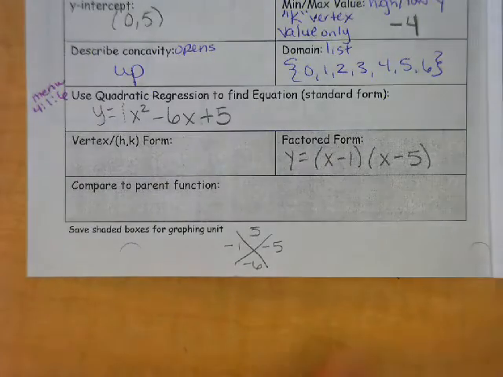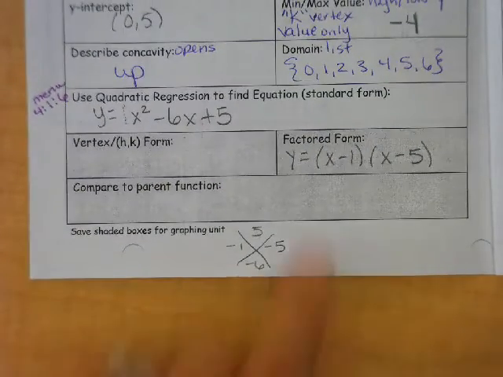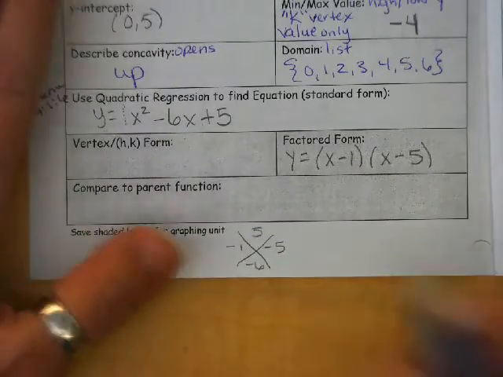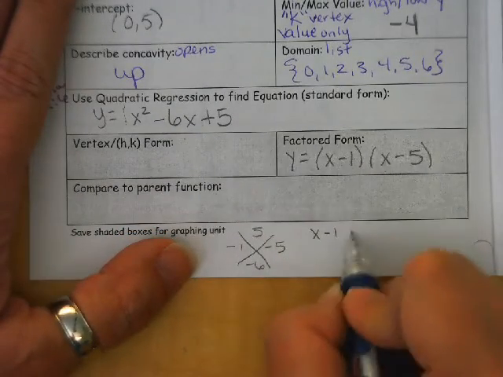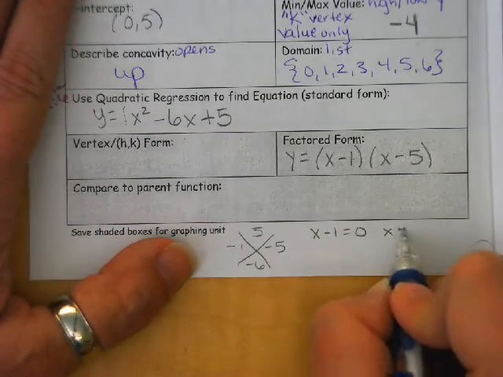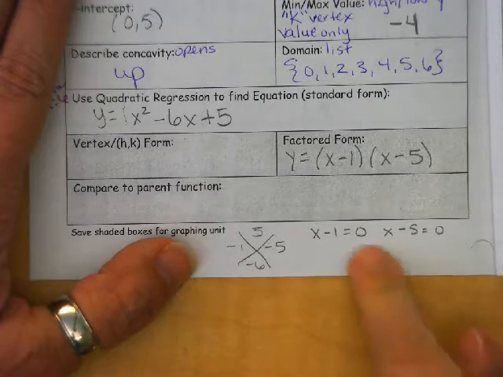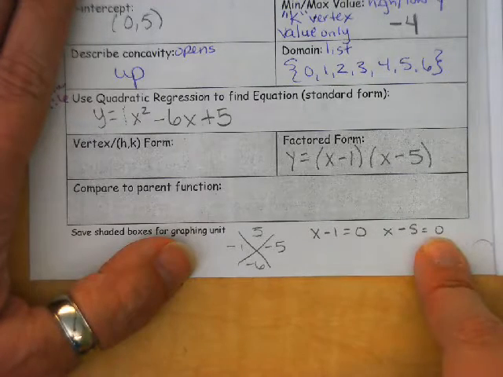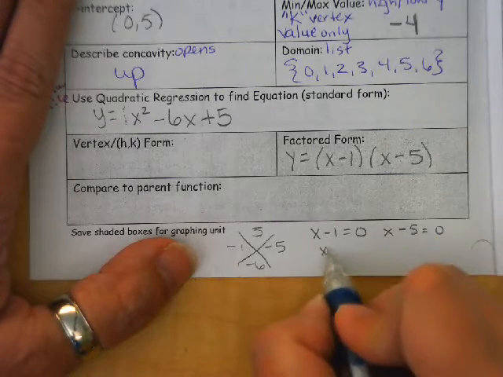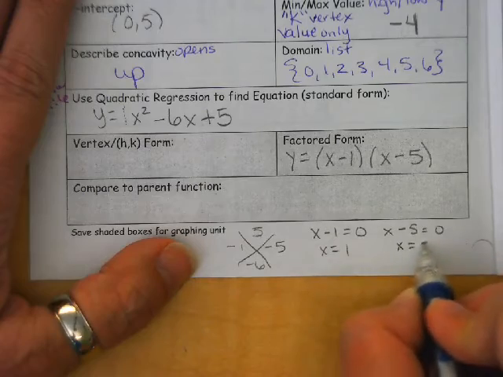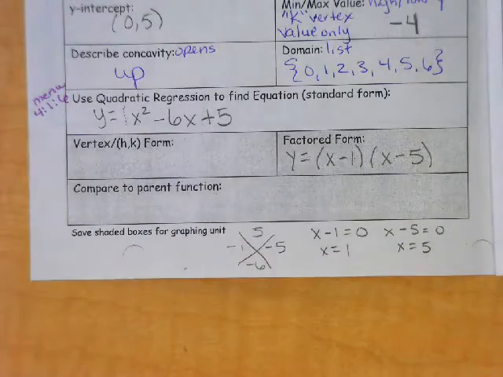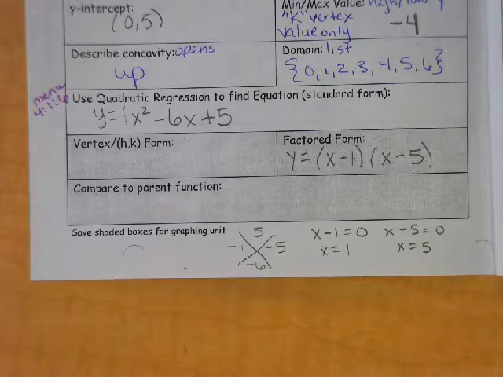What I want to elaborate on is if I take these factors, x minus 1, and I set them equal to 0. So essentially I'm saying y is 0. I get x equals 1 and x equals 5, right? Do you see x equals 1 and x equals 5 anywhere on our parabola or on our table?